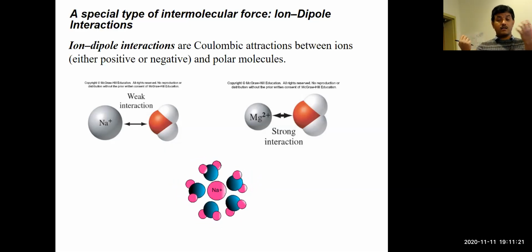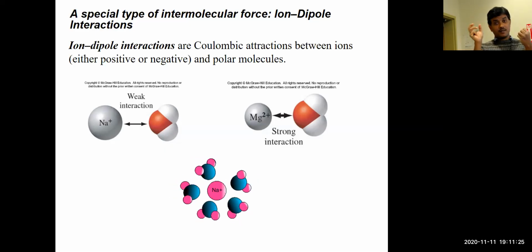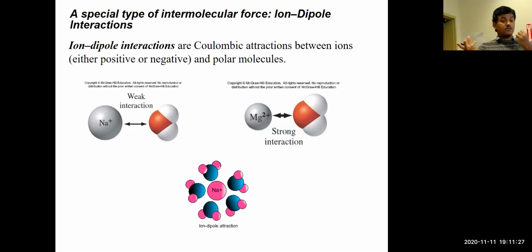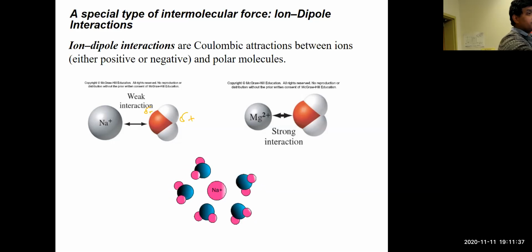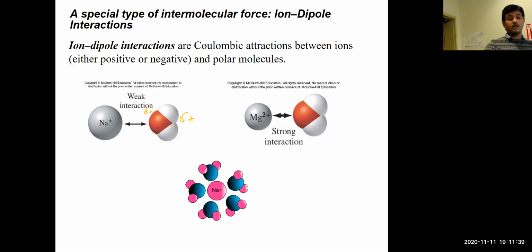As you can see, the ion has a positive charge, and a polar covalent molecule obviously has a partial positive and partial negative charge. Obviously, the partial negative side of the polar molecule will attract the positive side of the metal. As a result, they form these intermolecular forces.